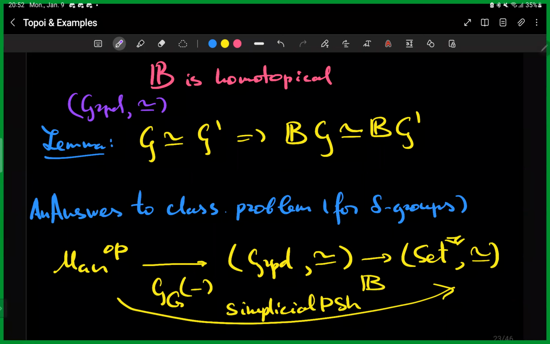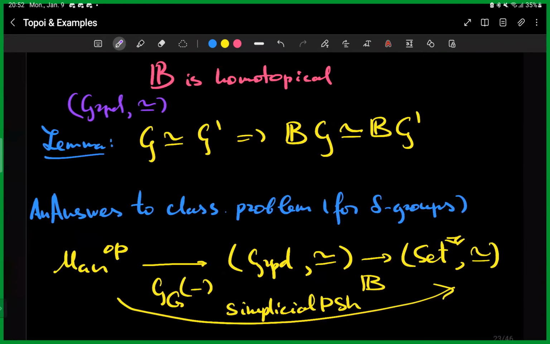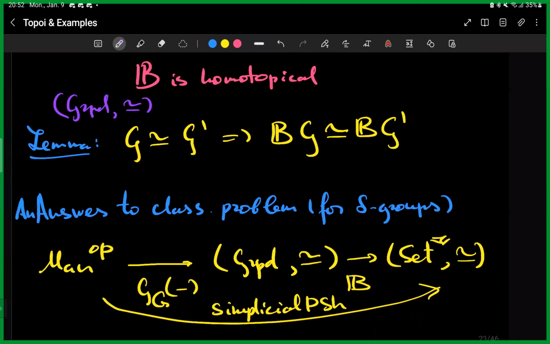And so the composition of these two functors gives us a simplicial presheaf on the category of manifolds. So we're sort of close to answering our problem, how to classify principal bundles. But we still don't track the connection because we restricted ourselves to discrete groups.